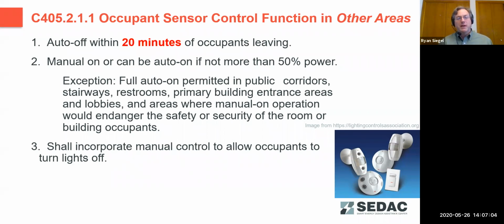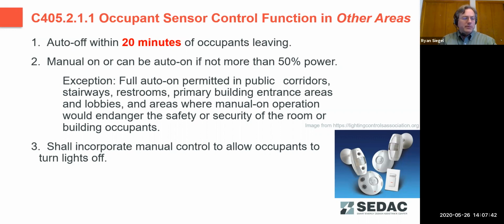The other 50%, the occupants have to indicate they need some more by pushing a button or some other method. They do allow it to go to 100% for corridors, stairways, restrooms, primary building entrance areas, lobbies, and the like. Or, again, safety and security will come on through this. The important thing here is for all these areas, there needs to be a manual control to allow occupants to turn the lights off.